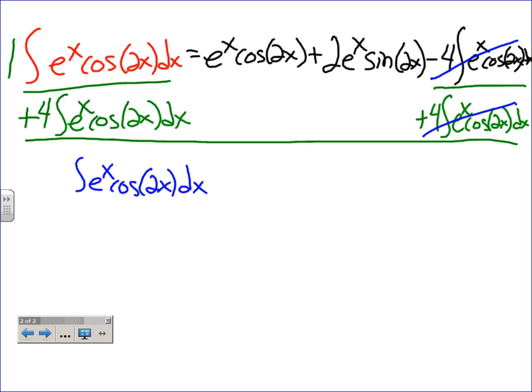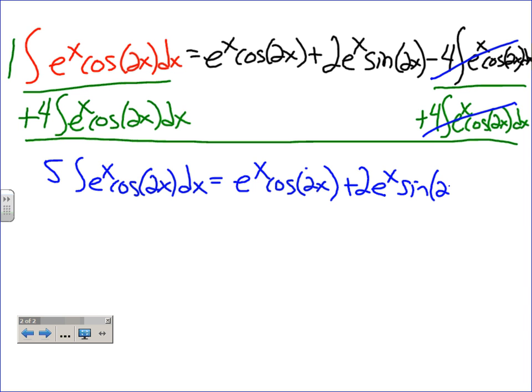How many of them do I have on the left side of the equal sign now? I have 5 of those integrals, don't I? And so far it equals, we're almost done. That's why I'm continuing. And that's what it would equal, correct?